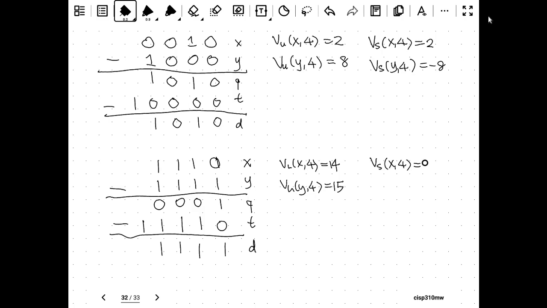So that's why this is -2. And VS of y4 is -1 because this is a 1, this is a 2, this is a 4, so 1 plus 2 plus 4 is 7, but we have to subtract 8 from 7, and therefore we have -1. Are we good so far?